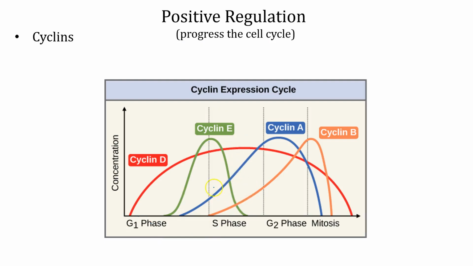And likewise, after the end of the S phase, when cyclin A has accumulated enough, it's going to say, okay, proceed to the G2 phase. So it's the amount of these cyclins building up inside the cell which regulates what's going on here. But which cyclin is happening where, you don't need to know any of that, so you don't really need to know this graph.